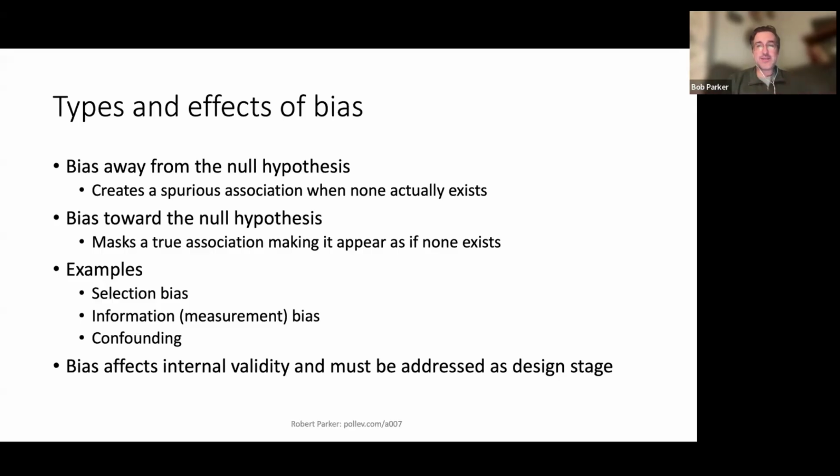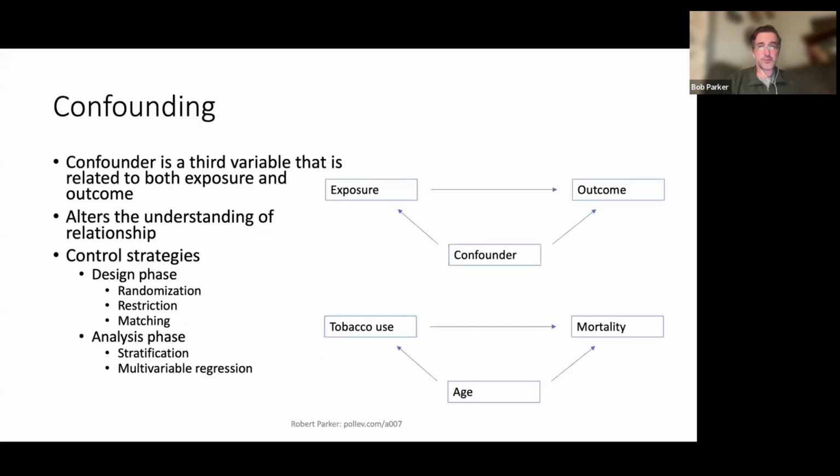So if you get to the end of your study, you present it at a conference, and you are then made aware of these really bad biases, it's hard to go back and fix it, right? Statistics aren't going to do it. So you really need to think about bias at the beginning of your study while you're designing it in order to limit it for your conclusions.